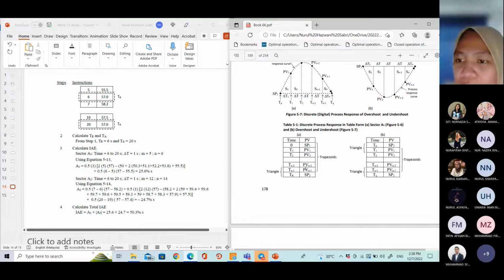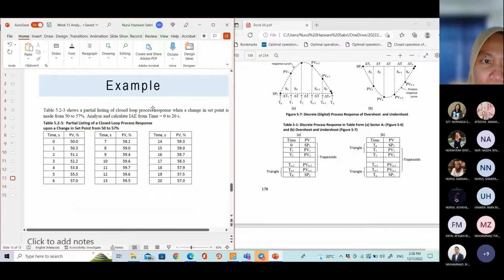Okay, so basically we start with set point number 2, TP. Basically we start from 6 here. For sector number 2, you can name it as TP. So this one is SP number 2. So T1 is your 7 second, T2 is 8 second, until Tn minus 1 is 18 second. So sorry, Tn minus 2 is 18 second.